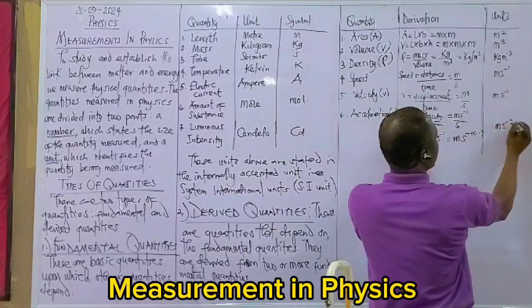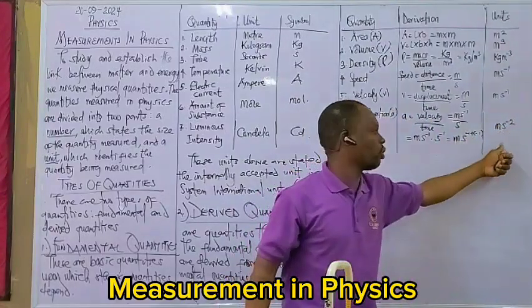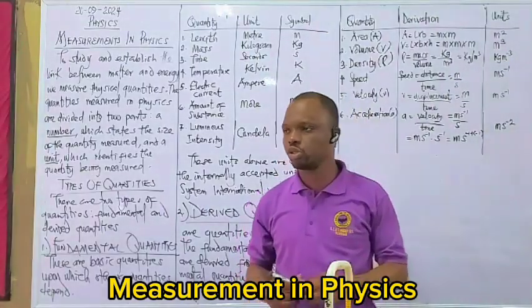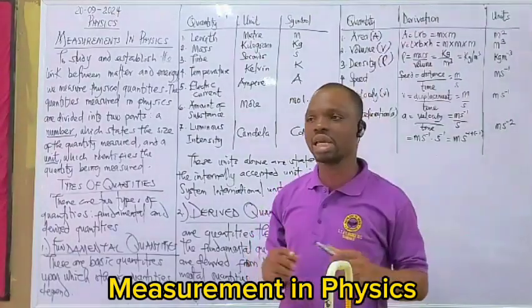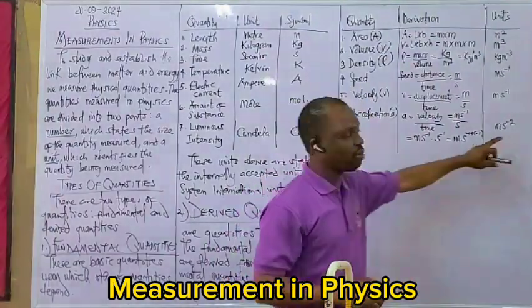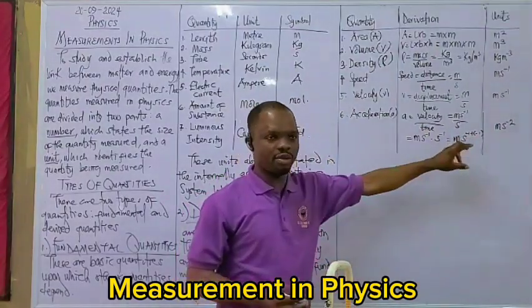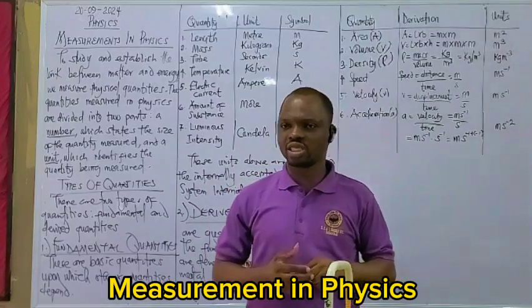So what will be the unit of acceleration? Meter. So you say ms raised to minus 2. And that's what we call meters per second squared. You should stop writing and listen. This is very important. If you don't get it now, it will become a problem for you. Everybody say meters per second squared. What is the unit of velocity?